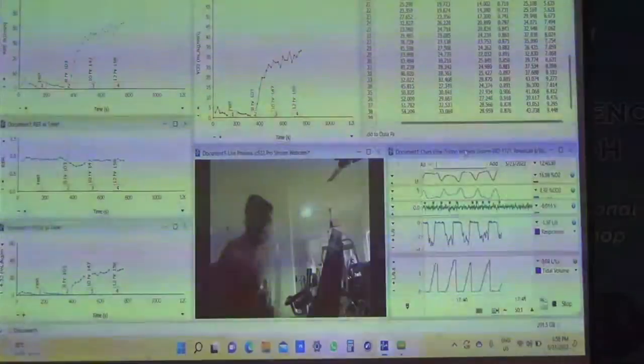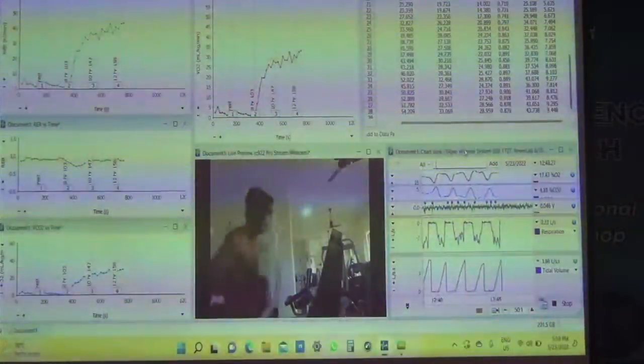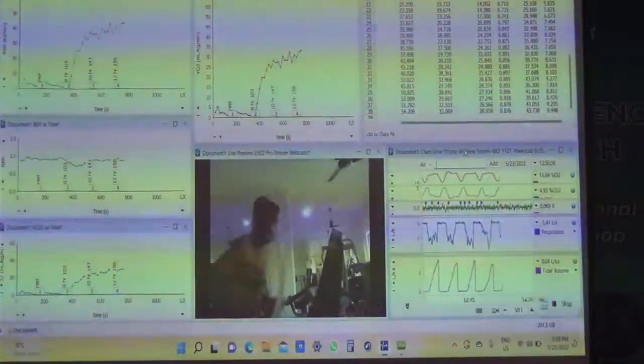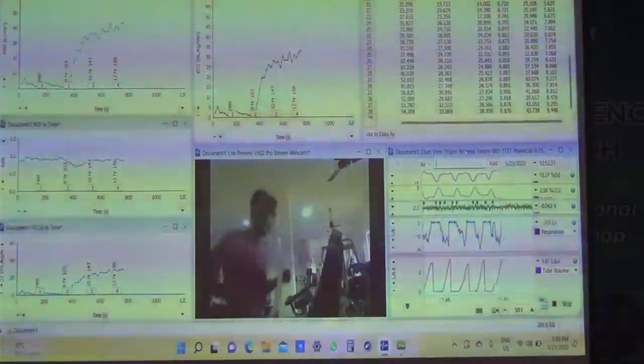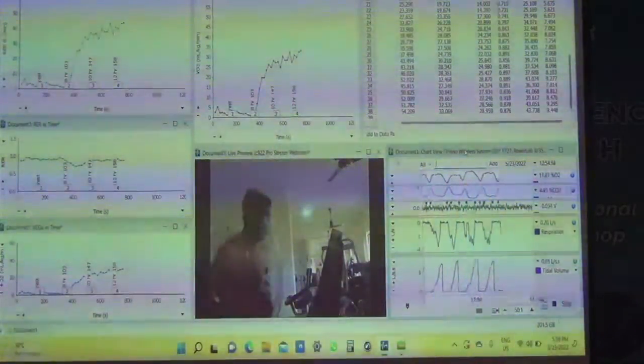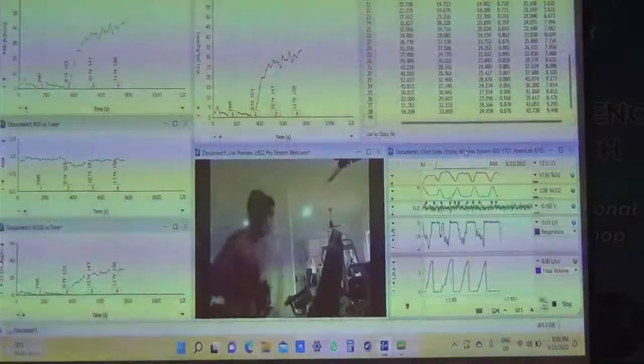One more thing: you should not fix the same testing more than once in a single day. Remember, for VO2 max testing, it is one session in one day.